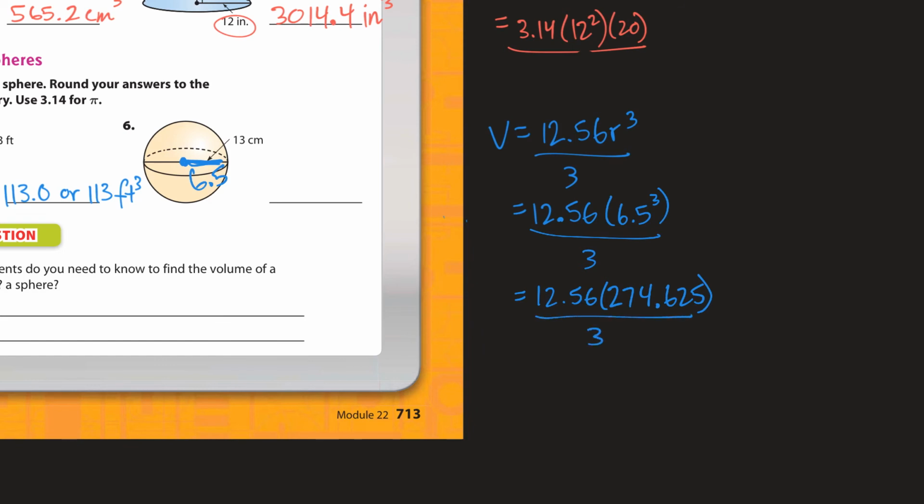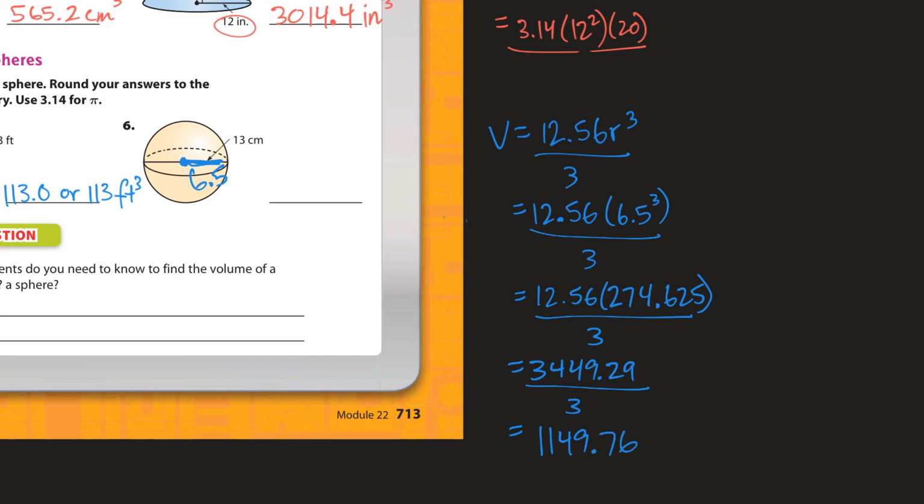So I'm taking that 274.625, I'm multiplying it by 12.56, and I get 3,449.29, and divide it all by 3. So divide that by 3, and I get 1,149.76.